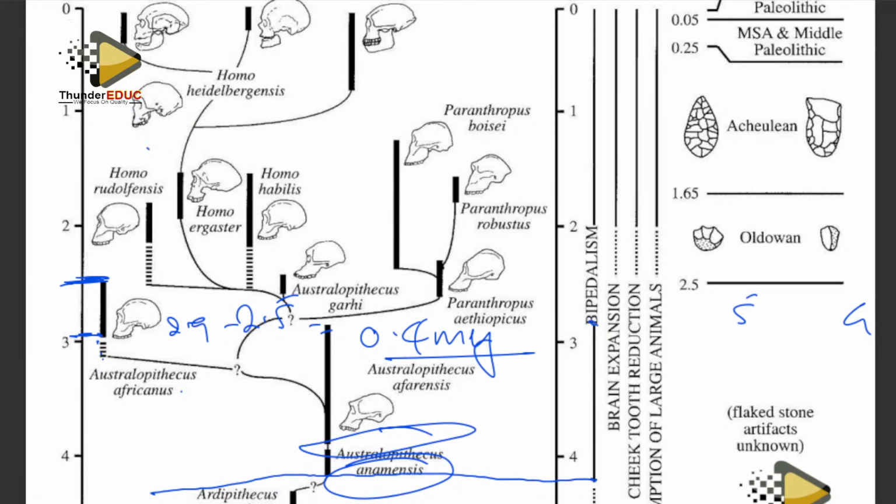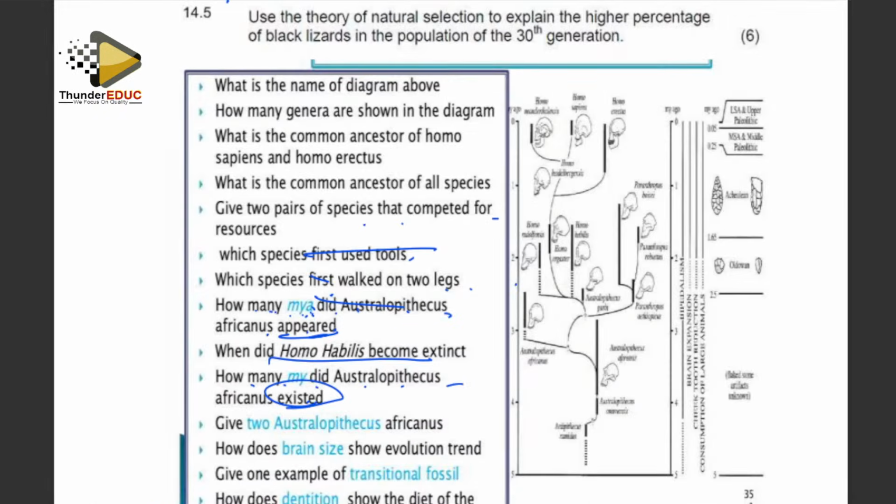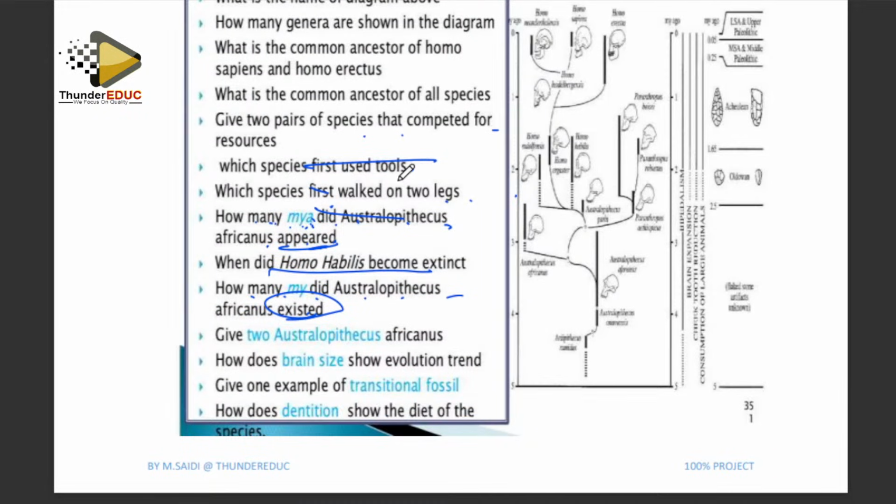We continue to the next question. Give the two Australopithecus africanus species. We said Taung Child, Little Foot. How did the brain size show the trend of evolution? It means that as the brain size or cranium increases, the brain cells increase, meaning more intelligence.